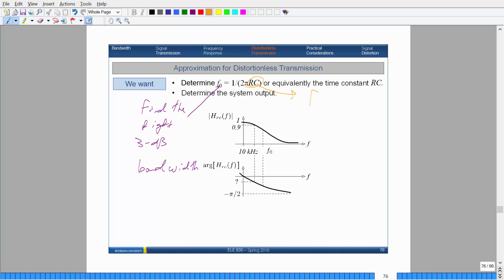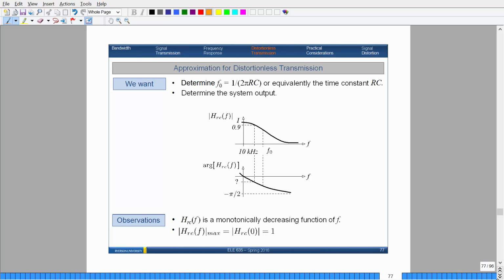So we have to find R and C to define the correct 3 dB bandwidth. Okay, so that's what we need to do. We have to figure out the right components in the RC system so that it gives you the desired deviation at 10 kilohertz, within 10% tolerance of the actual maximum. So how exactly do we do that?